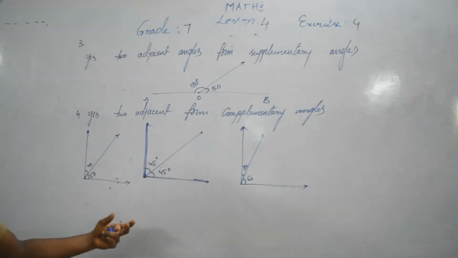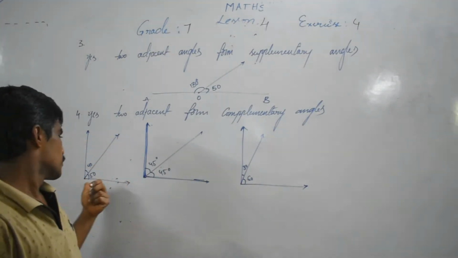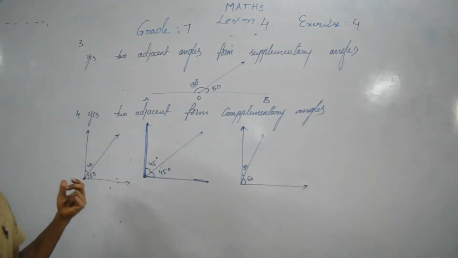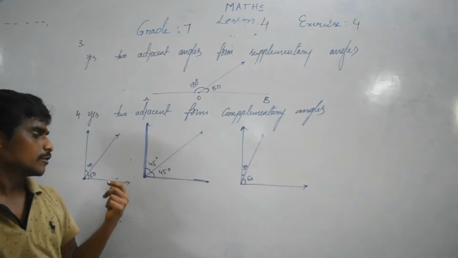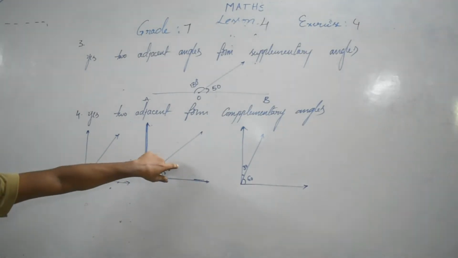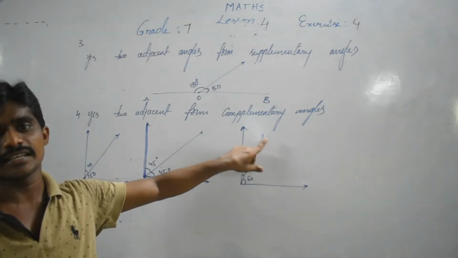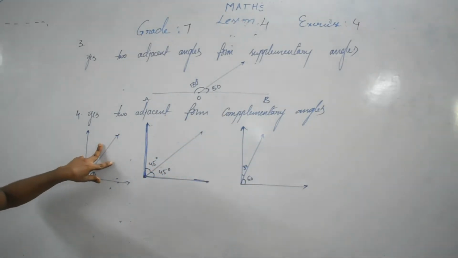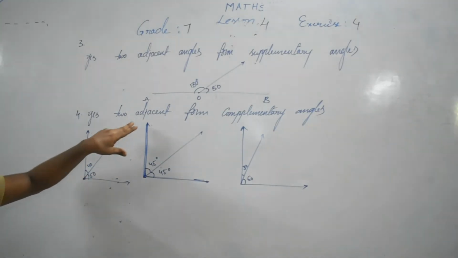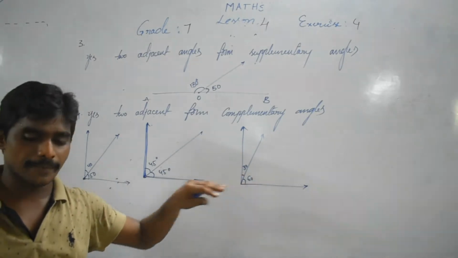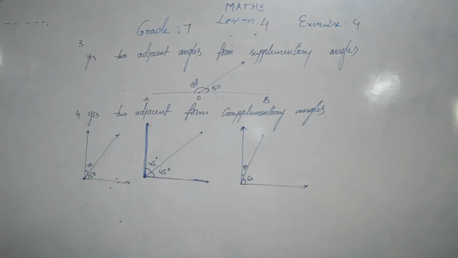Just a definition, here we are satisfied. So common vertex, common arm. Angles 40, 50, 45, 45, 30, 60 are adjacent angles. These two angles added are equal to 90 degrees. Those angles we call complementary angles.